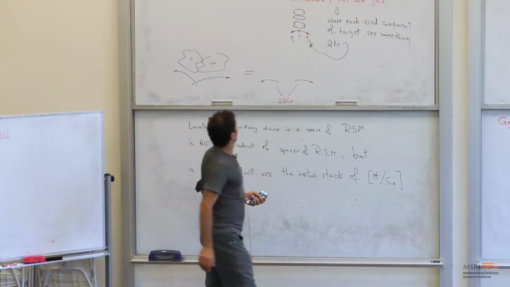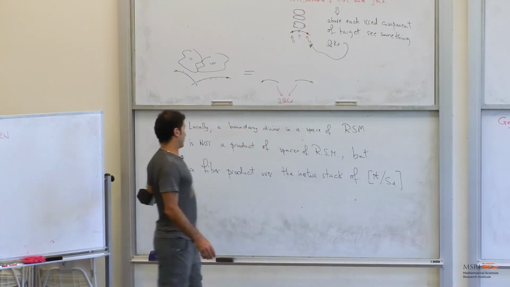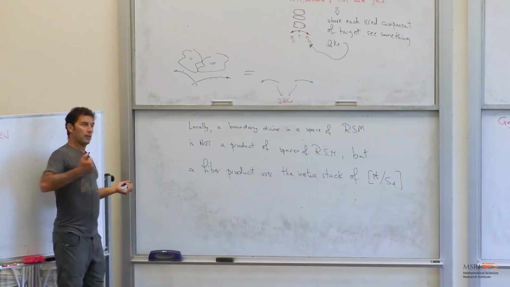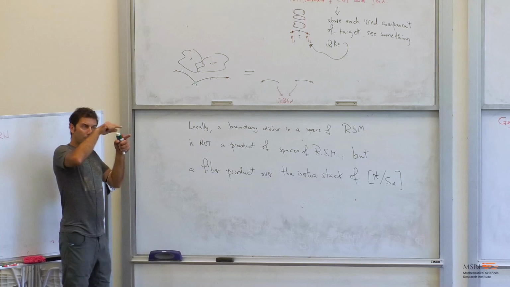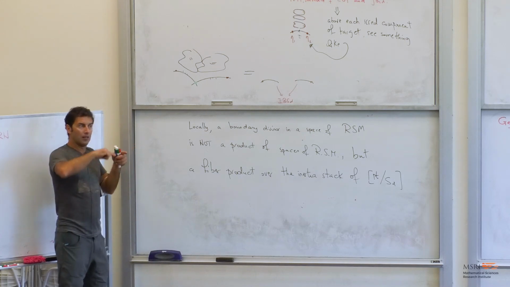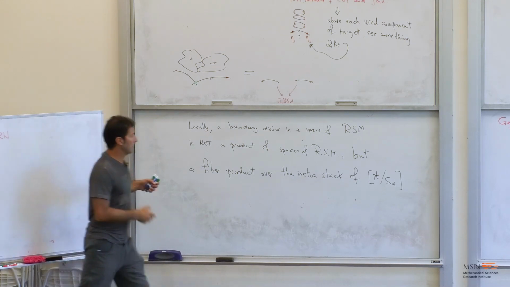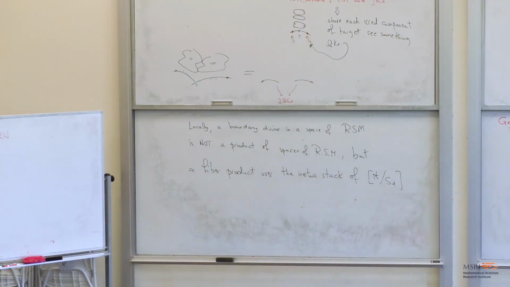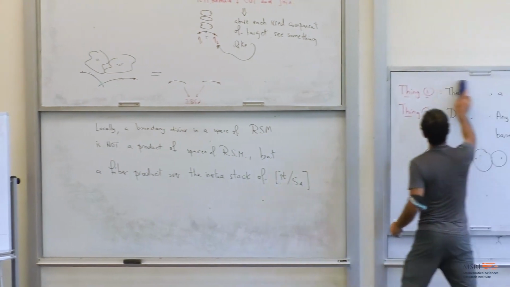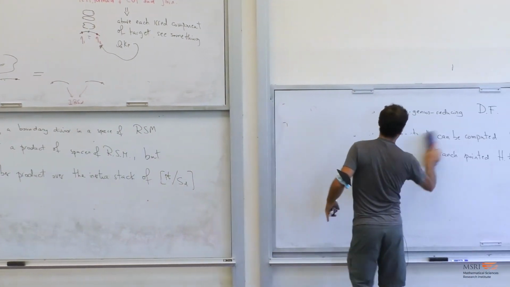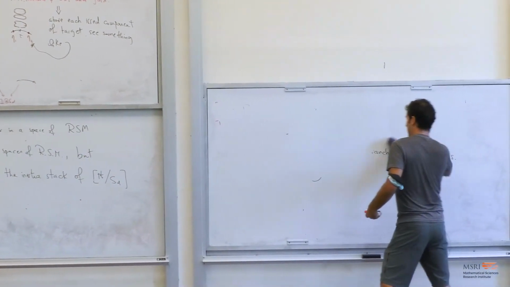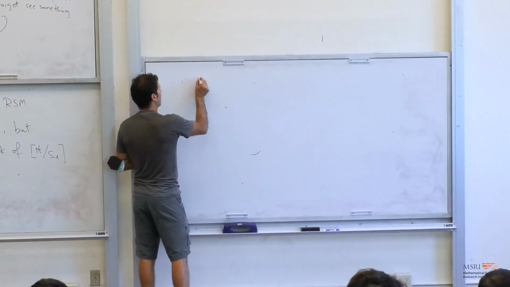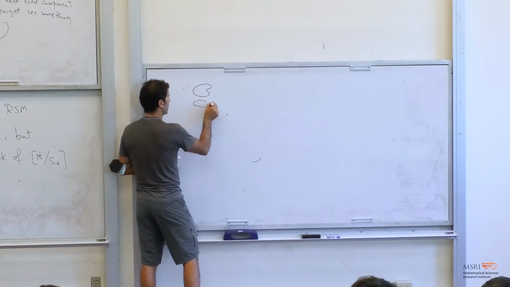And these multiplicities are exactly what becomes the weights, the product of internal edges in the tropical counts. So let me make this a little bit more precise. Let me draw one of these covers.